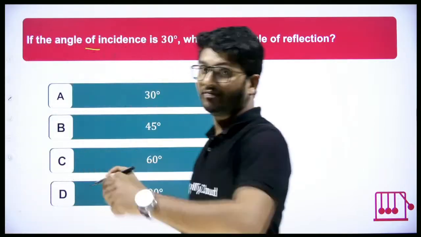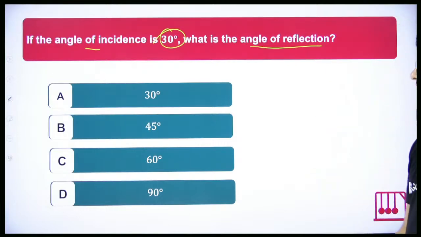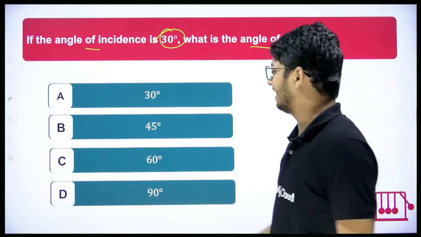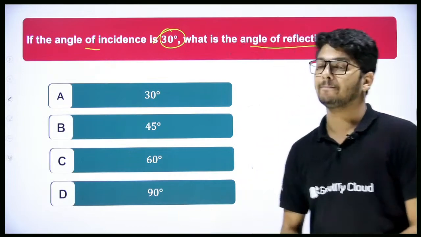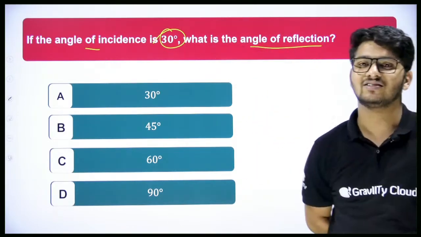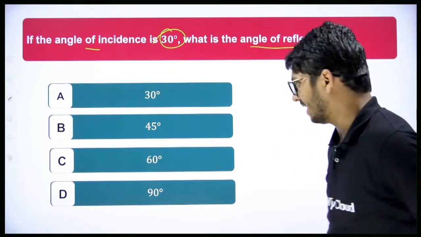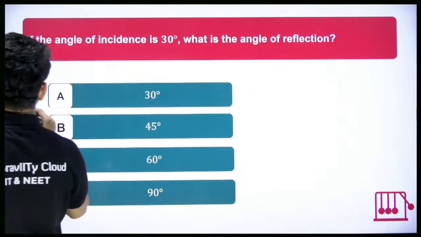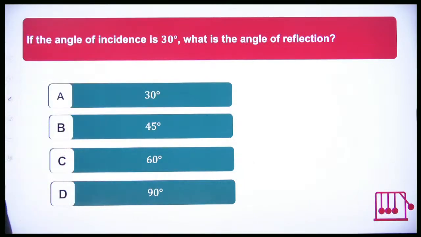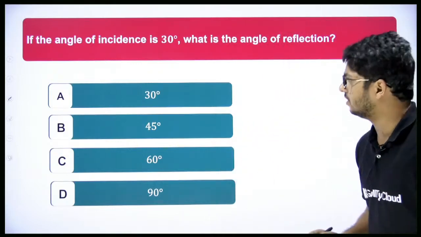If the angle of incidence is 30 degrees, what is the angle of reflection? You have a few options: 30, 45, 60 and 90. The angle of incidence is 30 degrees. What is the angle of reflection? What is that going to be? Very simple, straightforward.